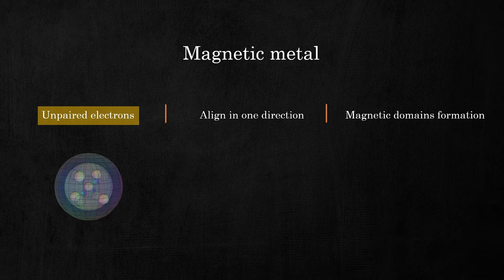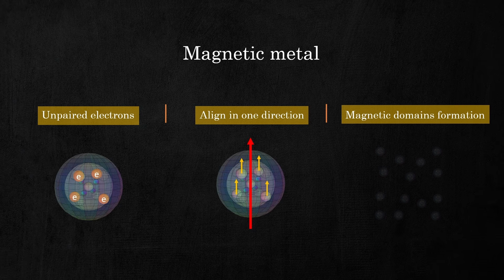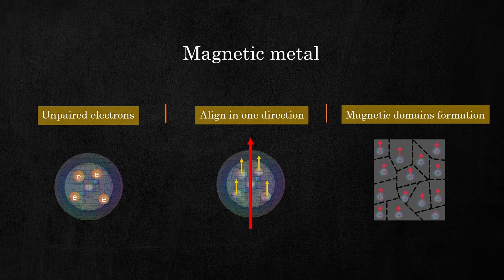First, it must have unpaired electrons in its atoms. Second, these unpaired electrons must be able to align in one direction. And third, the crystal structure must allow the formation of magnetic domains. If any one of these three things is missing, the metal behaves as non-magnetic.